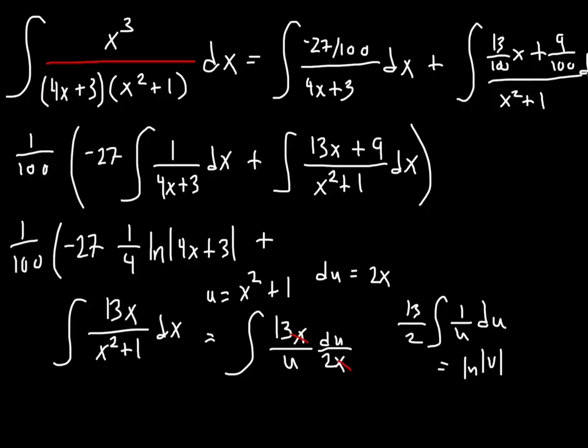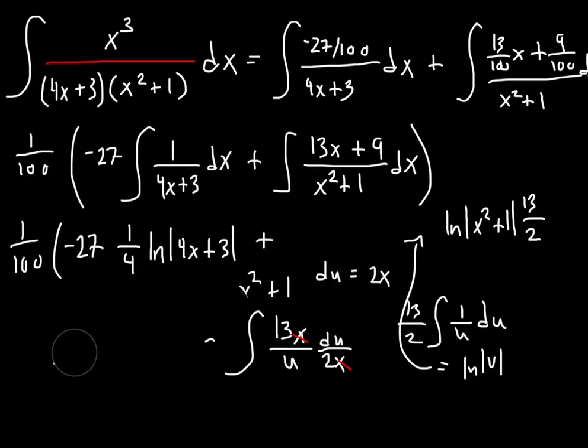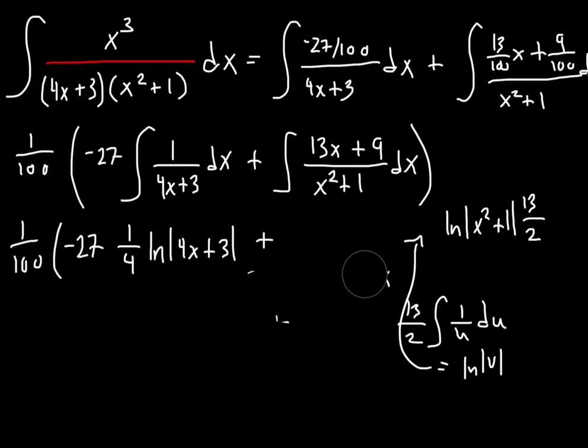And earlier we said that u is equal to x squared plus 1, so this will be ln of absolute value of x squared plus 1, and then I'll multiply by 13 over 2 because it was at the front. So now I just gotta combine all of the antiderivatives that I got.